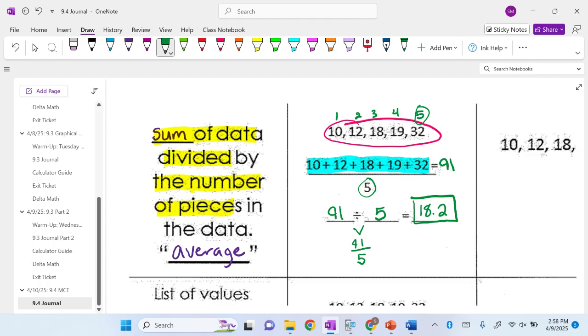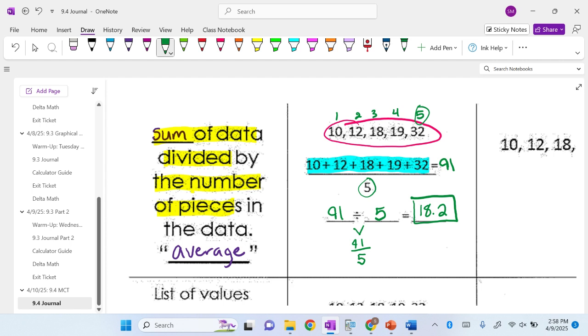So if I want to put these numbers in a context, let's say I was talking about the number of minutes someone spends getting ready in the morning. And we took a data set, and this was the number of minutes that we came up with if we talked to 5 different people, which, by the way, is not a very big sample size.